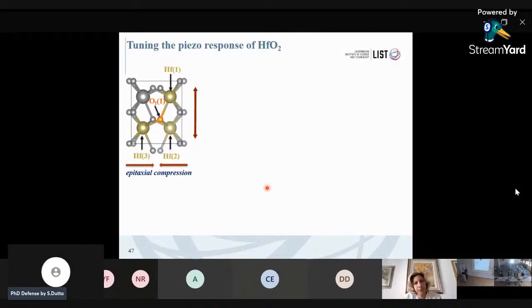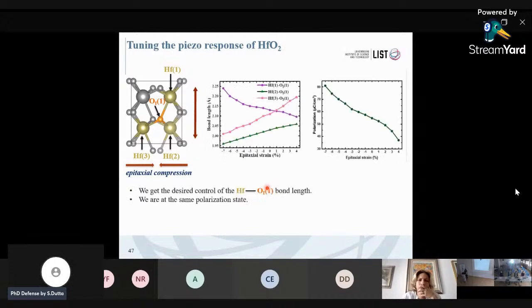So here, to affect the magnitude of that bond length, we applied epitaxial compression or expansion, and we allowed the out-of-plane lattice parameter to relax. So here I have plotted the bond length versus epitaxial strain. And as you can see, the more you compress the plane, the more the out-of-plane bond length increases.